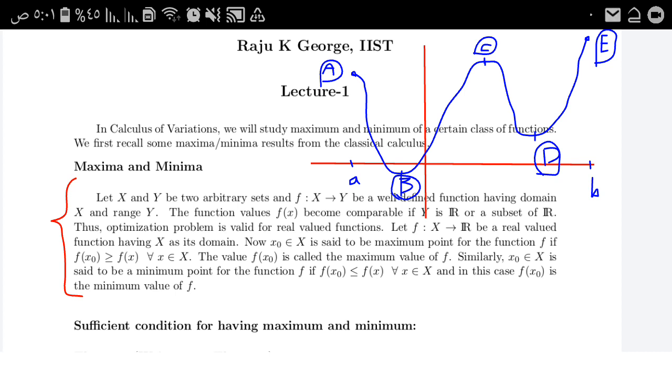The point D is a minimum, but not absolute minimum. But the point B is absolute minimum.